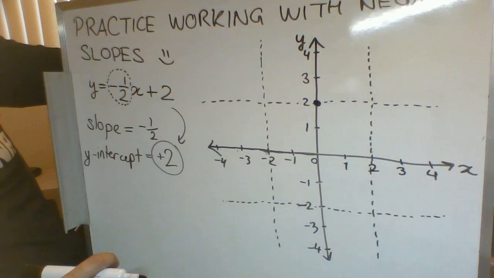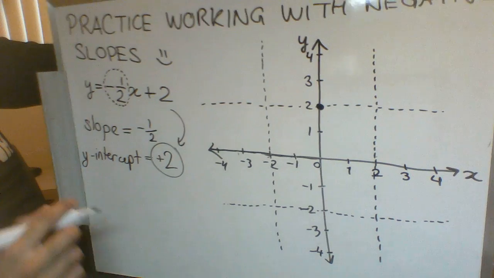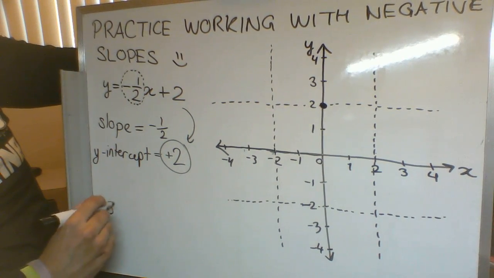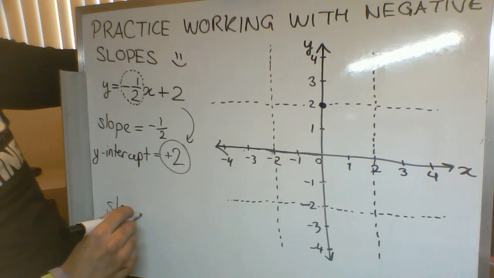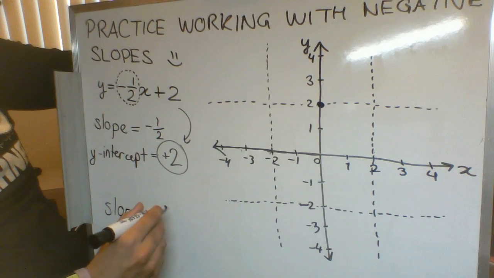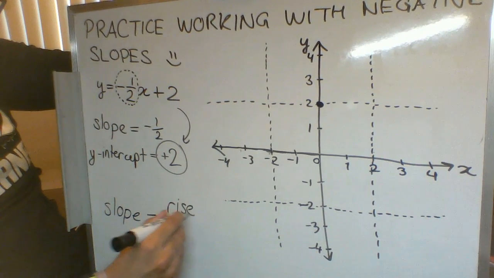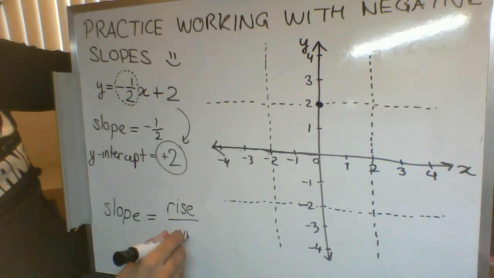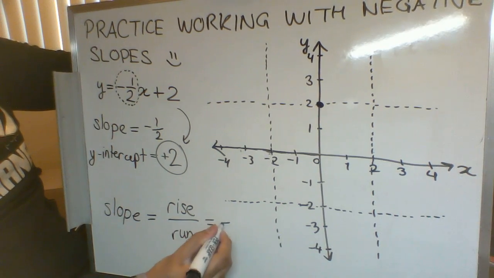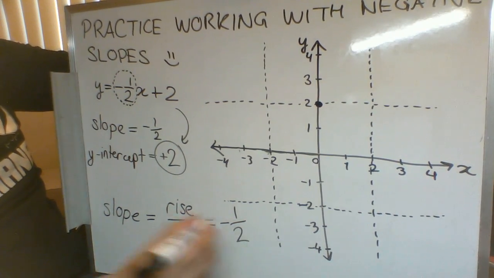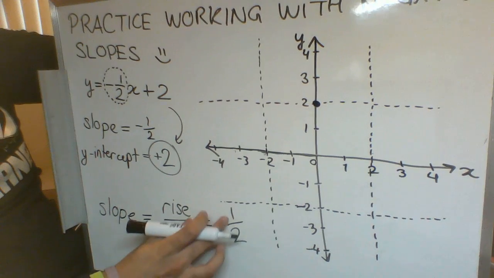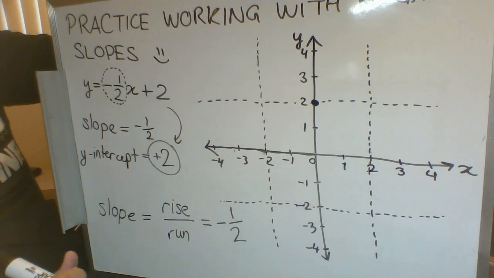Alright, fantastic. So now we'll use the less mathematical version of our slope equation. We had slope is equal to rise over run, which in this case is equal to negative 1/2. Let me separate that a little bit so you can tell there's a minus sign.